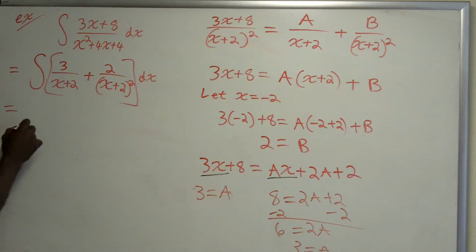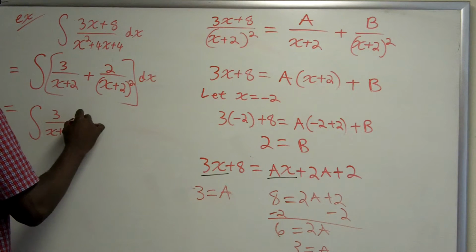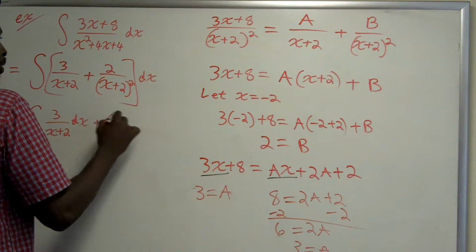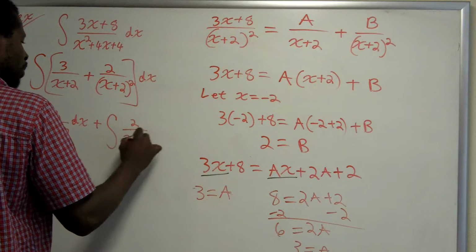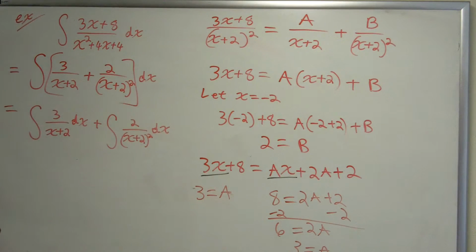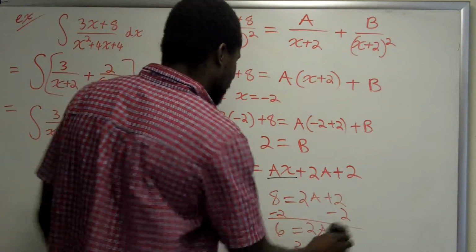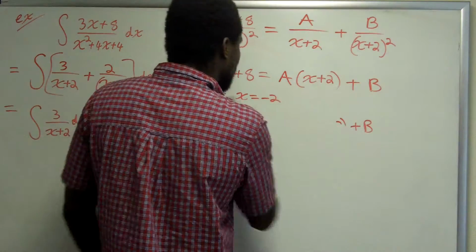So I'm going to do each integral separately. This is going to be the integral of 3 over x plus 2 dx plus the integral of 2 over x plus 2 squared dx. This one here, well, I can do a substitution there.